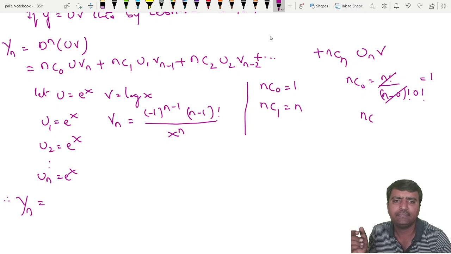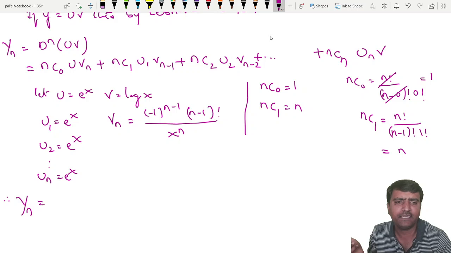And nc1 means it is n factorial by n minus 1 factorial into 1 factorial, which is equal to what? n factorial can be written as n into n minus 1 factorial by n minus 1 factorial, which is there in the denominator.